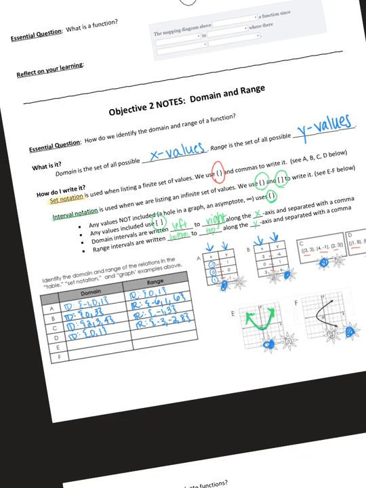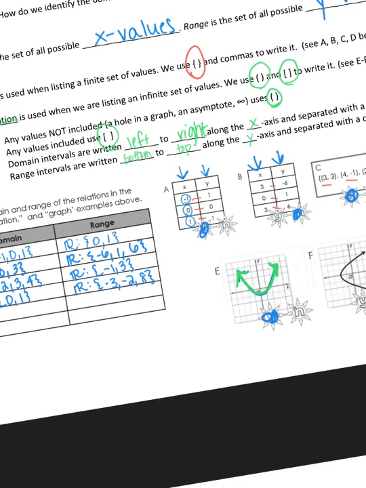Okay, so we're going to look at these graphs for E and F and determine what their values are when the graph goes absolutely all the way to the left, to the right, how low it goes, and how high it goes.